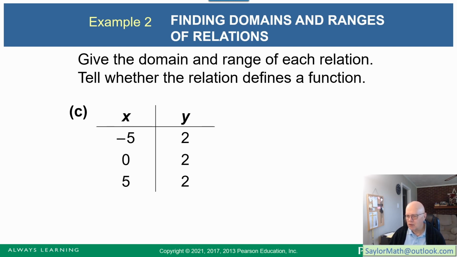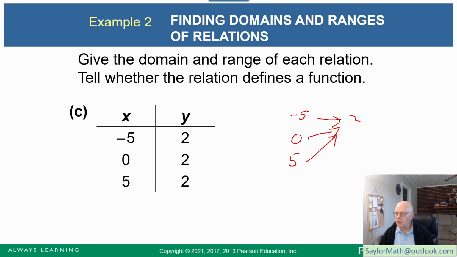Now this looks a bit strange maybe. -5 goes to 2, 0 goes to 2, and 5 goes to 2. That's fine. Duplications in the second coordinate, as you look at the mapping, are fine. Just make sure the first coordinates are all different.